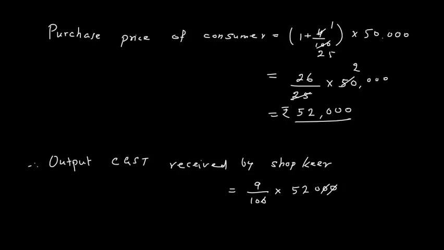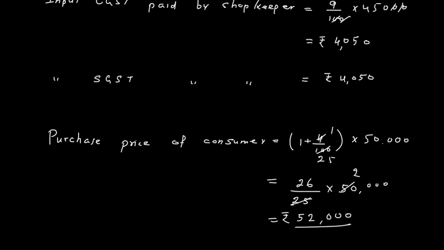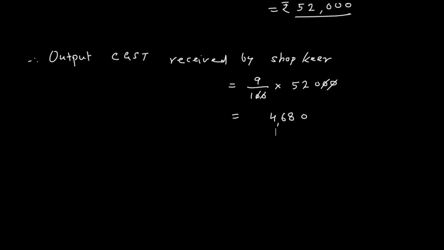So 4,680 is the output CGST received by the shopkeeper. Similarly, output SGST received is 4,680. Now one by one we can answer the problem.